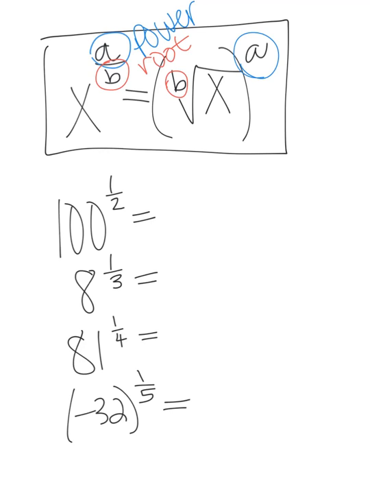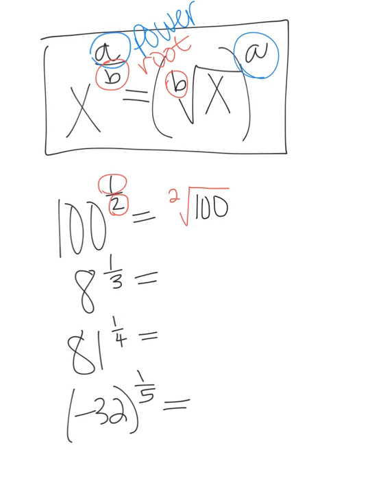So for this first one, 100 to the 1/2, my root would be 2, because it's the number on the bottom in the denominator. So this would be the square root of 100. Your base always goes under the radical.